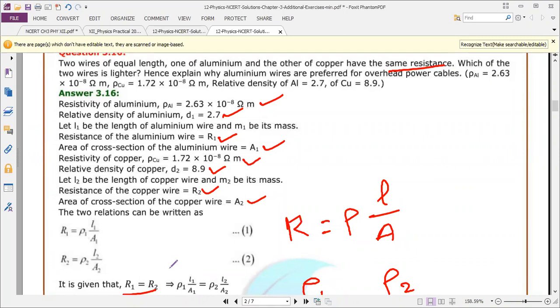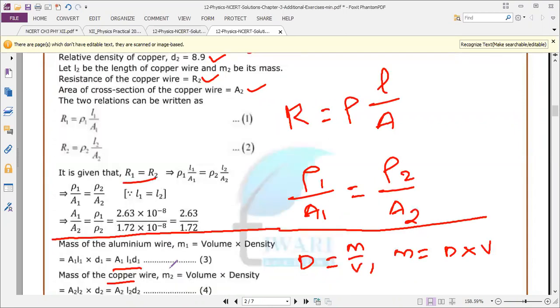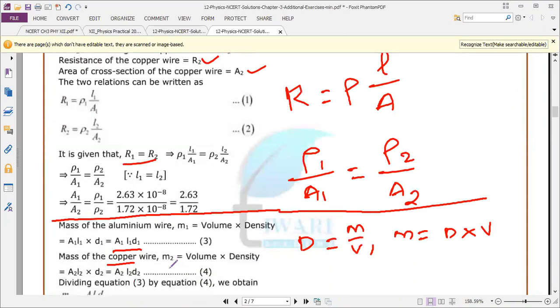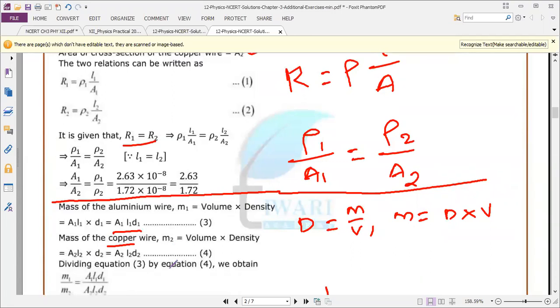You have to state the reason. The resistivity value is given. Next, relative density of aluminum and copper is also given. First one, R1 equal to R2. Then you will get rho 1 divided by A1 equals rho 2 divided by A2, because L1 equal to L2. Then you will get the ratio of A1 by A2.